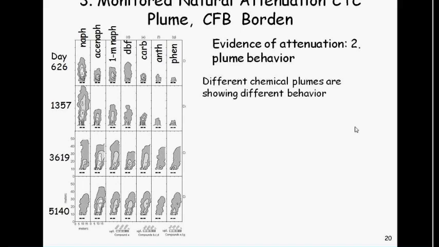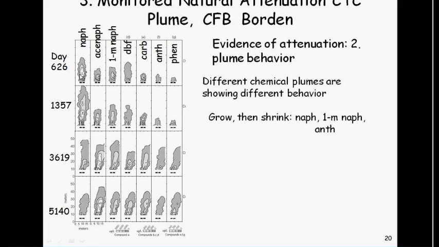As you might expect, different chemicals are behaving differently. So looking at the evolution of plume, we're looking here at the different days, and this is really a snapshot of where the plume is, or a group of chemicals. So we sensed there were three different patterns here. Plumes that grew and shrank. So here's naphthalene.